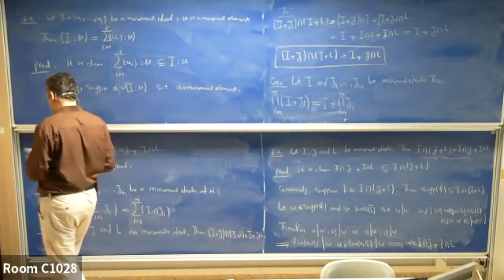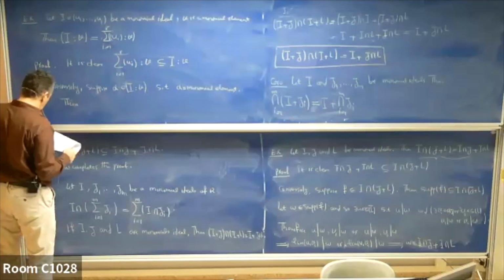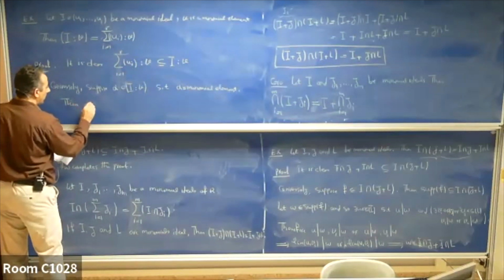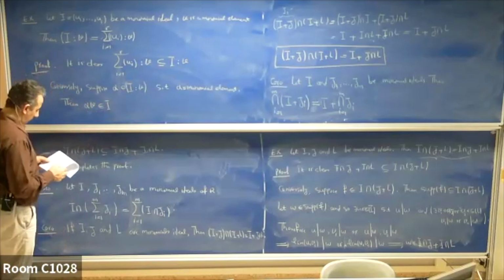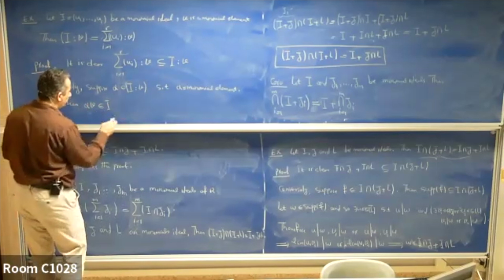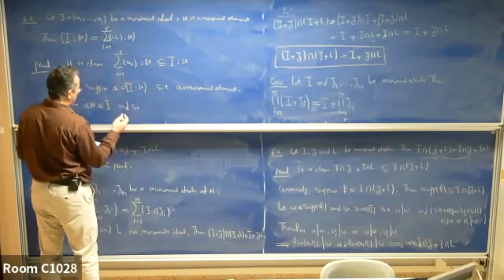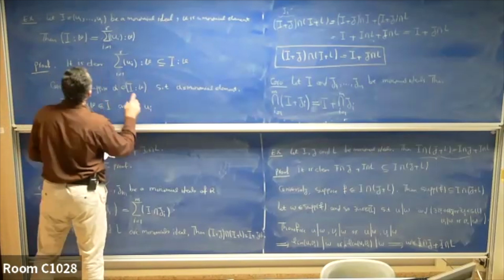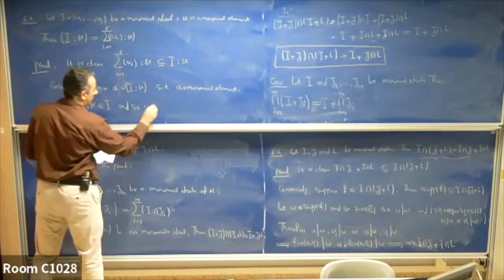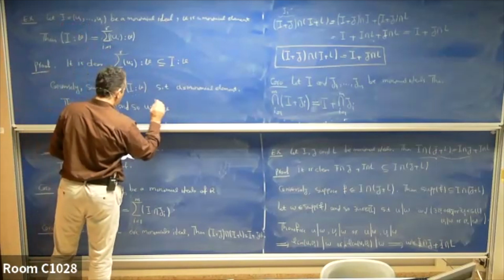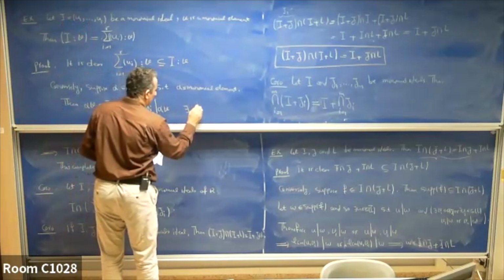Then alpha v by definition is in I. We have this one. And so again, by definition, some ui is an element of I, and this monomial divides this one. This exists.